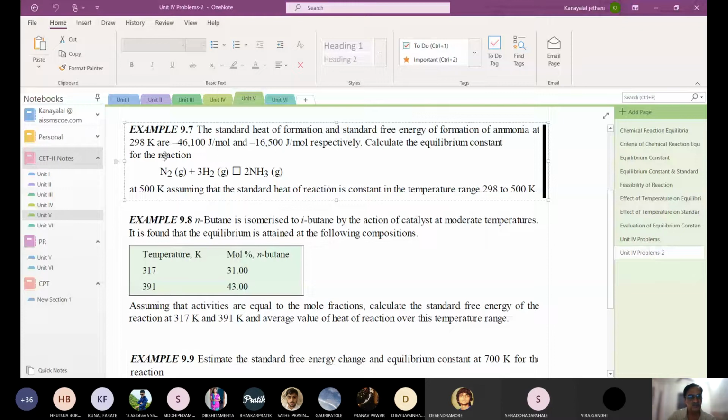So you can find out what is the standard heat of reaction of ammonia from this reaction, and you can find out standard Gibbs free energy of reaction also, right? So find out these two first. What is the value of standard heat of reaction and what is the standard free energy of reaction?